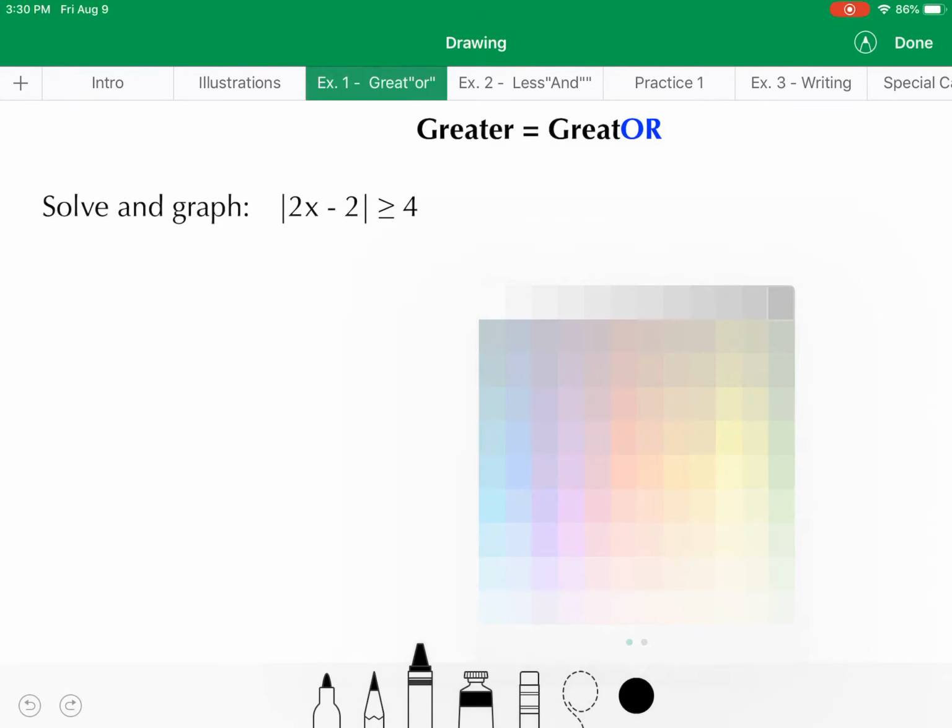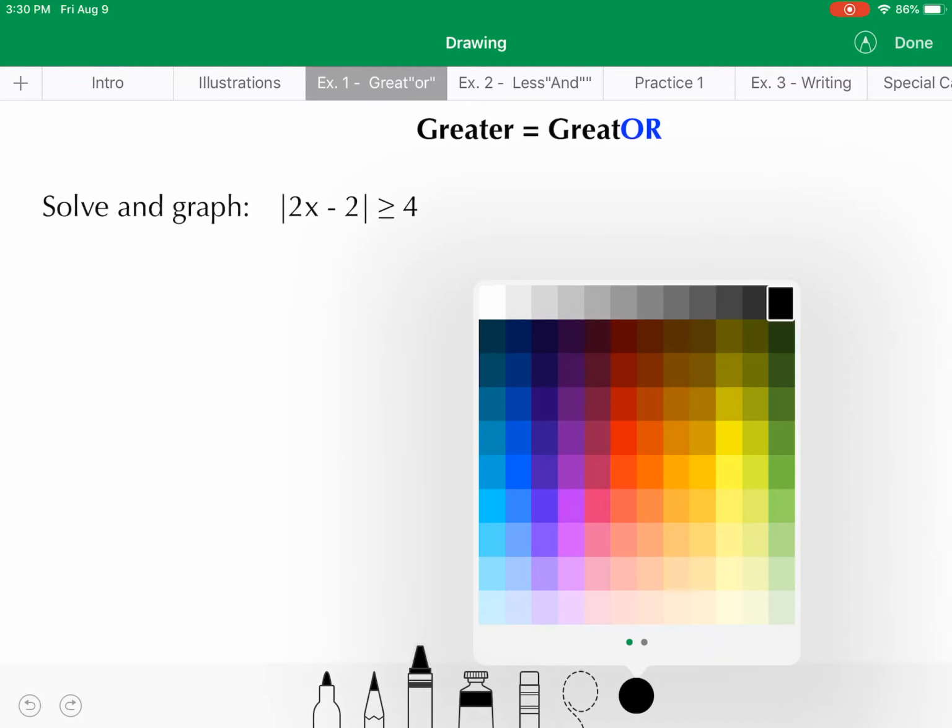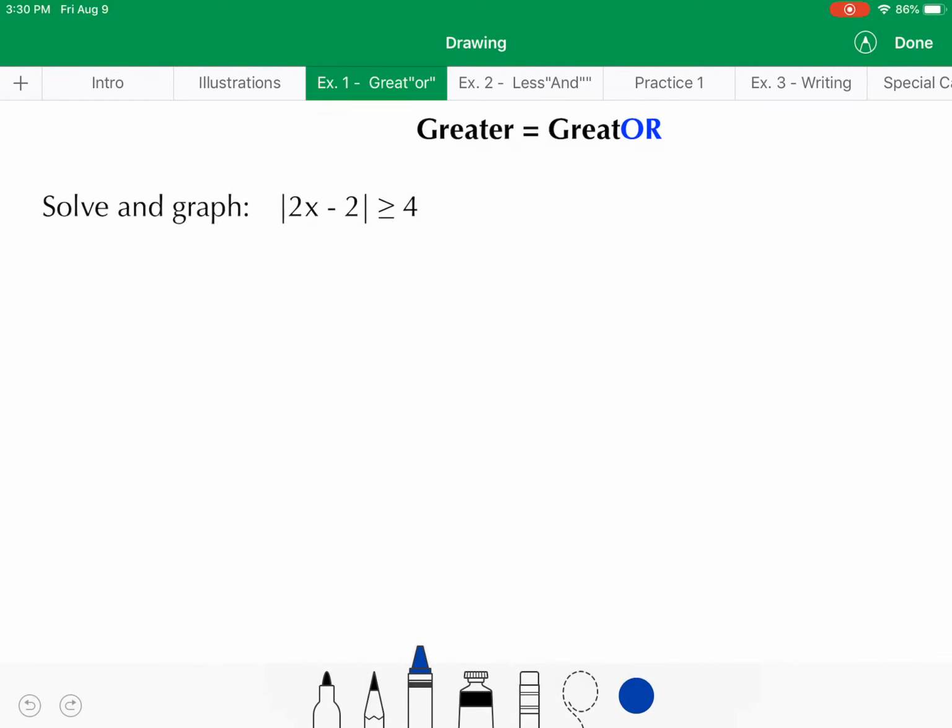Okay? So your first case would be the positive case, 2x minus 2 greater than or equal to 4, then followed up with the word or, and then you need your negative case. So if you're going in the negative direction, you take the negative of 2x minus 2 greater than or equal to 4.